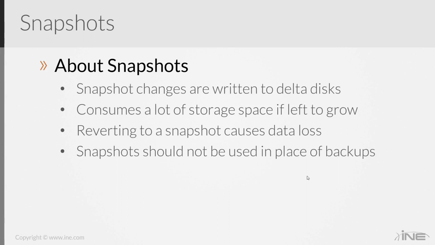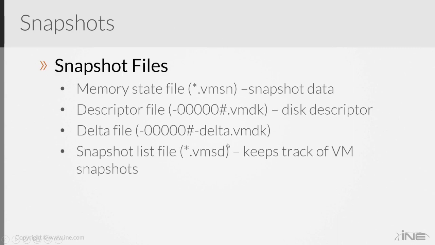Okay, so let's take a look at the different snapshot files. To start with, we have our memory state file. This is if we capture the state of the memory, so this would be the current state of the memory at the point of the snapshot. We would have our descriptor file.